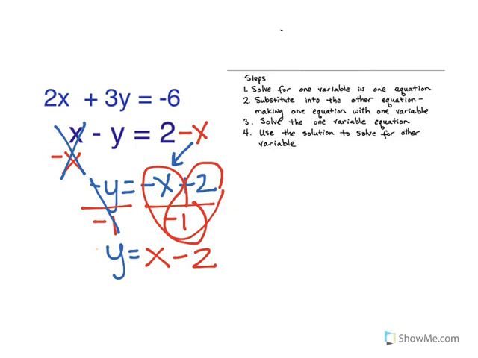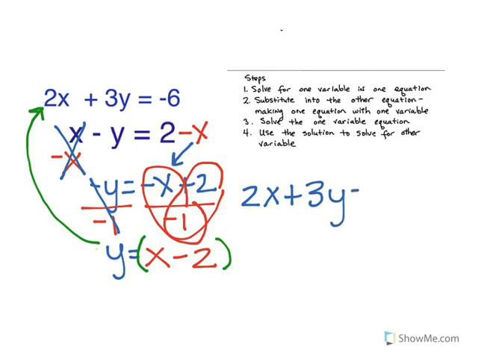So instead of y, when we plug in to this equation, we are now going to put x minus 2 instead of putting in y. So I'm going to rewrite the top equation, which is the equation that I did not do anything with. Just going to rewrite this.